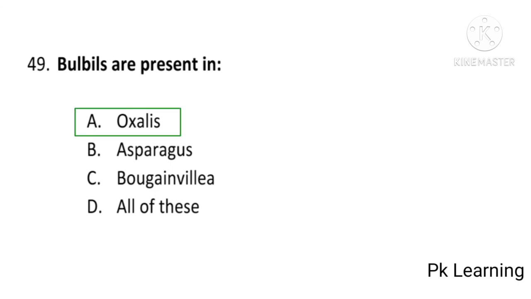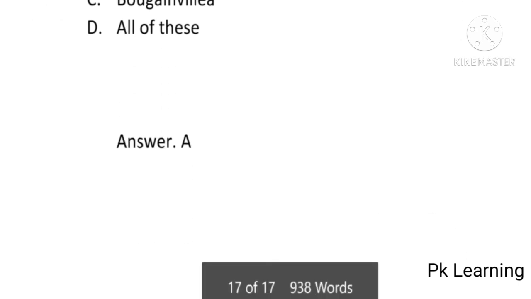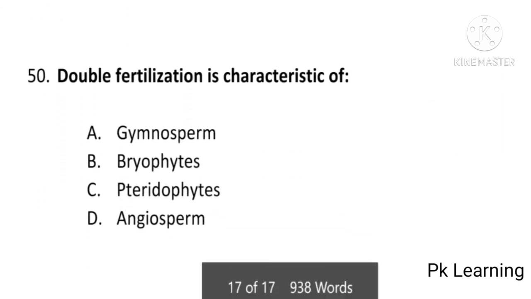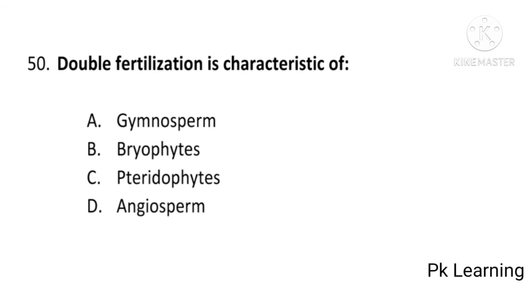And answer is A, oxalis. Bulbils are present in oxalis. A is correct option. And next question is, double fertilization is characteristic of gymnosperm, bryophytes, pteridophytes, or angiosperm. And answer is D, angiosperm. Double fertilization is characteristic of angiosperm. D is correct option.